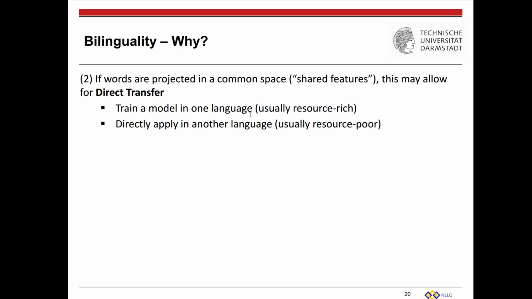And now if you have words from different languages in one space, then you can train a model in one language, which would usually be English, because you have a lot of data in English. So we could train some NLP classifier, let's say a part of speech tagger in English, for which we also have labels. And then we could directly apply our part of speech tagger in German, for example, if we have a bilingual space, but we don't have any part of speech labels in German. So that's actually a very cool application scenario.